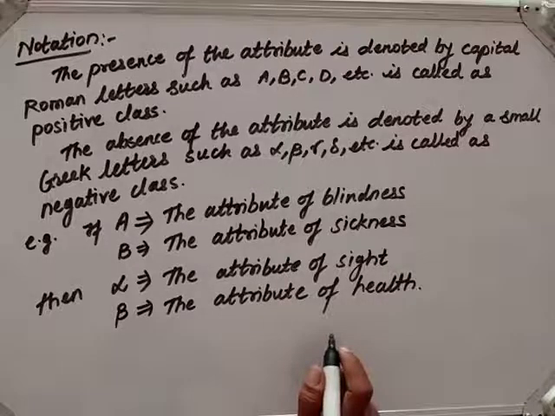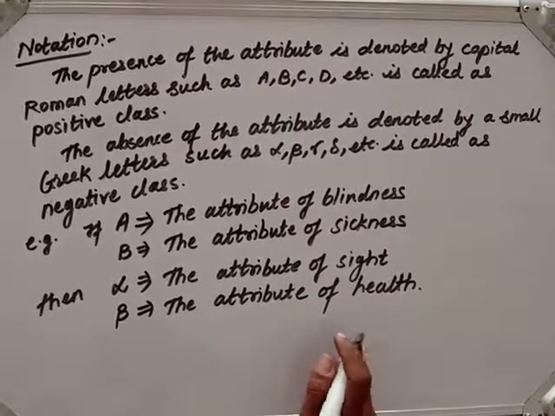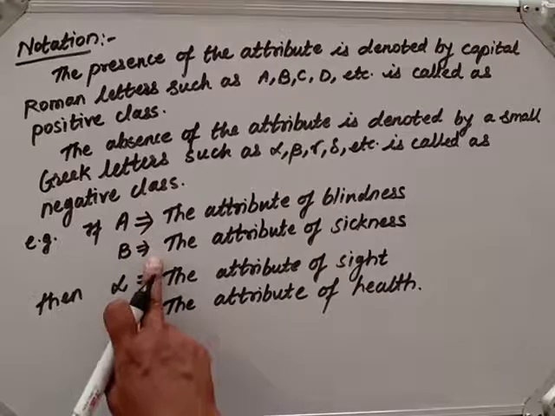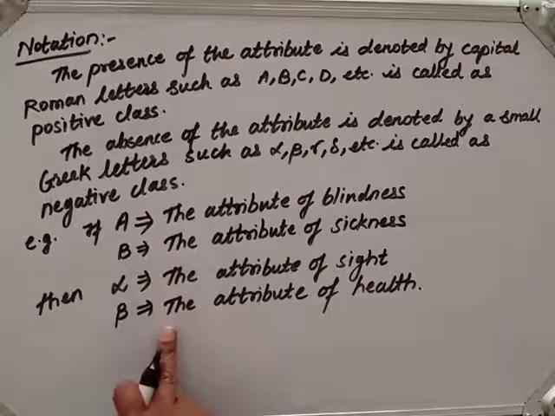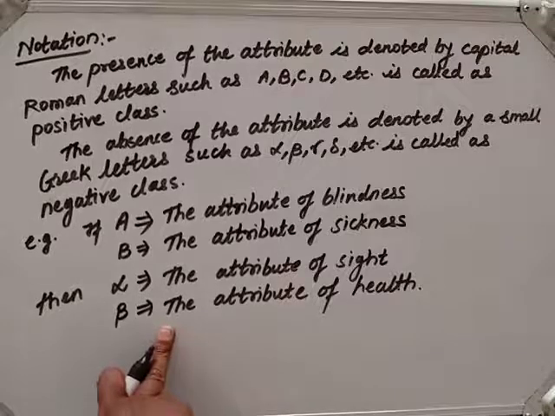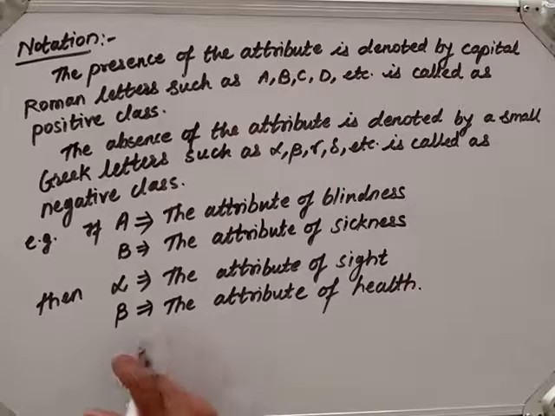Okay. Now here this is one class where the presence, and here this is another class where the absence of the attribute. So these two classes are known as the complementary classes of each other.